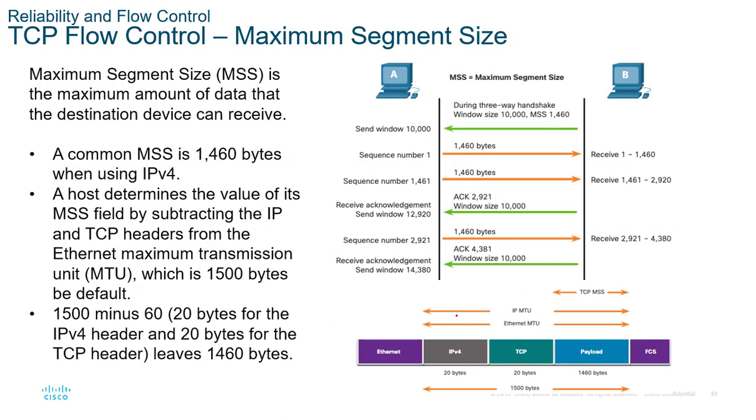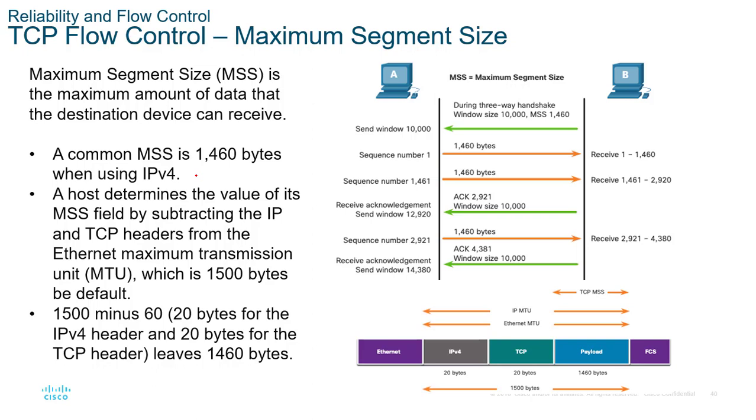And that maximum segment size is usually computed by looking at the Ethernet framing. That's your typical frame format on most networks, especially LAN networks. It will vary between IP version 4 and IPv6 because the header lengths are different.